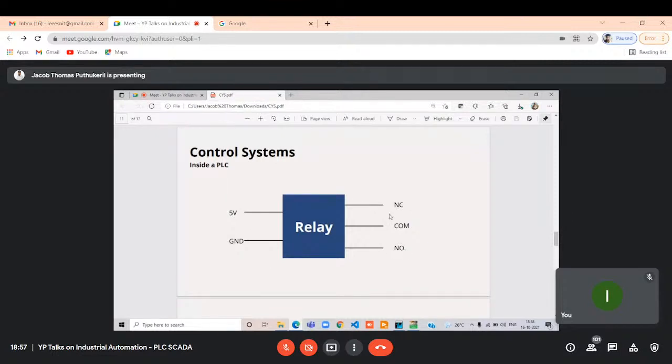If we connect the common with 230 volts, the relay is always closed. If you connect a bulb here, it will always glow, whether the signal comes from an Arduino or a PLC system.